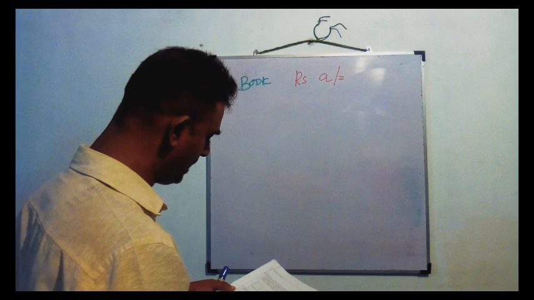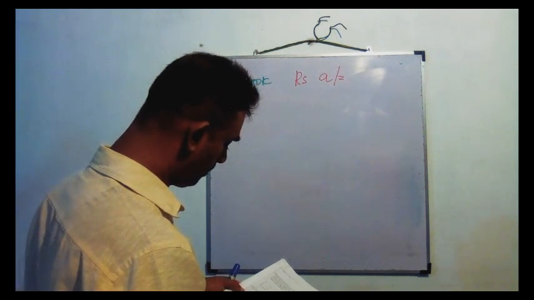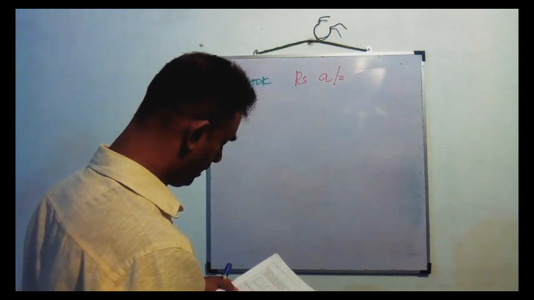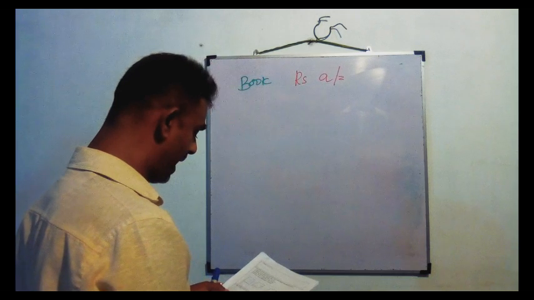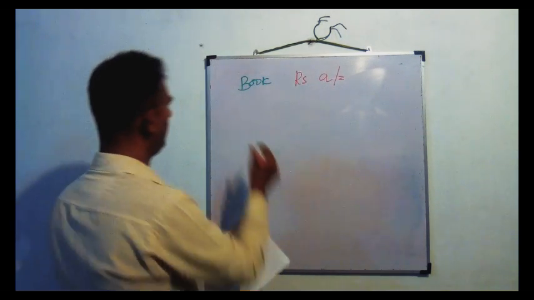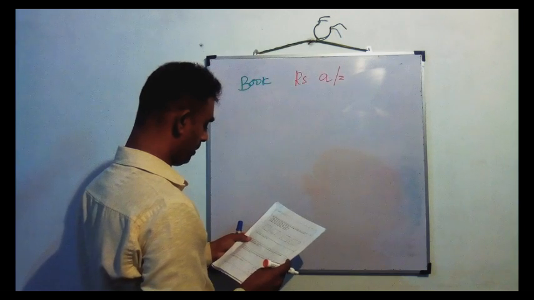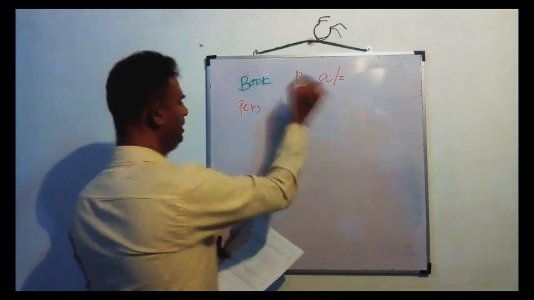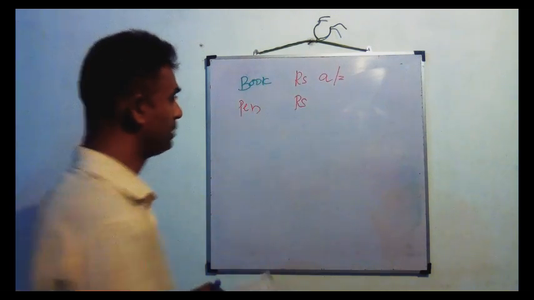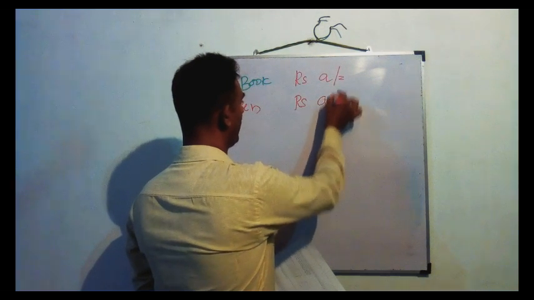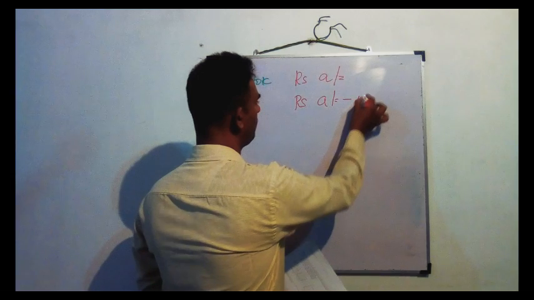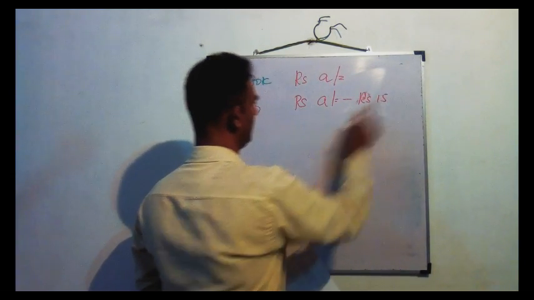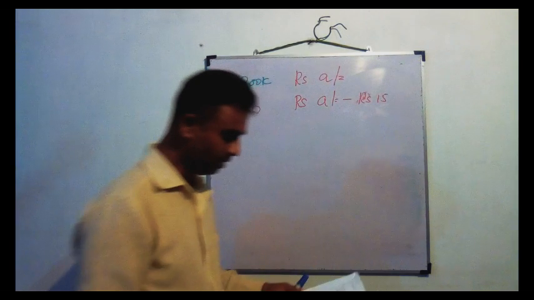Price of a pen is rupees 15 less than the price of a book. Price of a pen equals the price of a book less than 15 rupees.